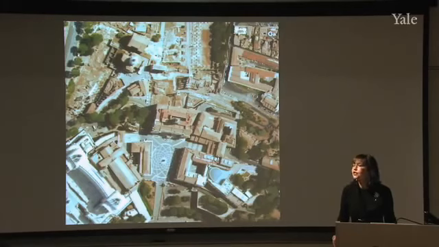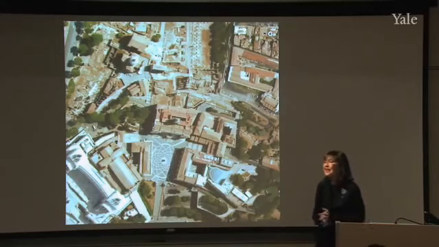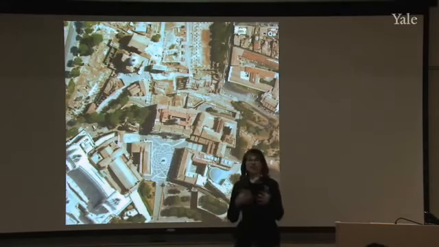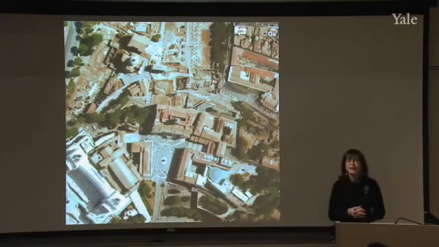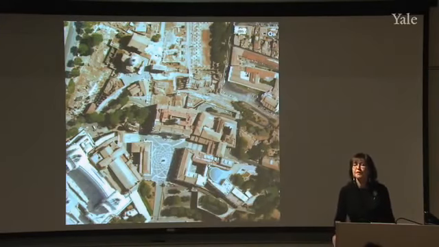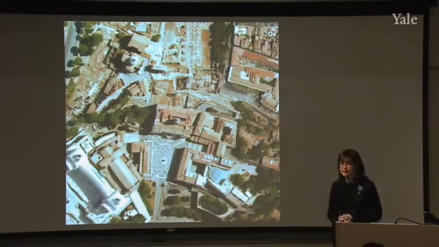The temple in question was the temple of Jupiter, Optimus, Maximus, Capitolinus. Now that is a mouthful, and I don't want you to have to necessarily remember all of that. So we will call this temple, for all intents and purposes, the temple of Jupiter OMC: Optimus, Maximus, Capitolinus.